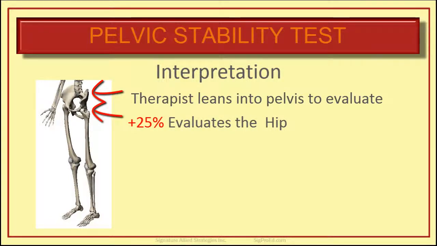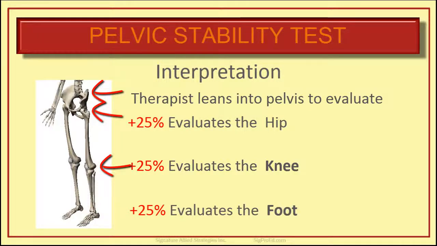After, increase your force another 25% and you are at the knee. And a last 25%, you will now be evaluating the foot. Again, if you are biasing forward, you will be evaluating anterior at the hip, knee, and ankle, or if you are biasing posterior, then you will be evaluating the posterior hip, knee, or foot. Pelvis will always be the same.